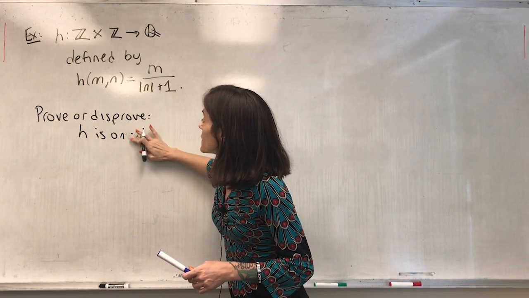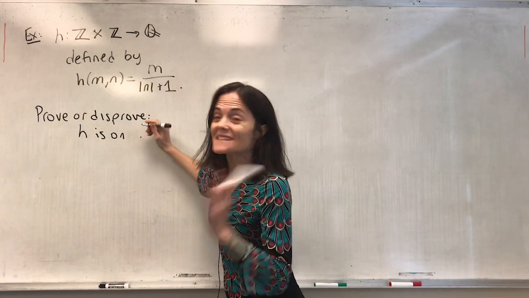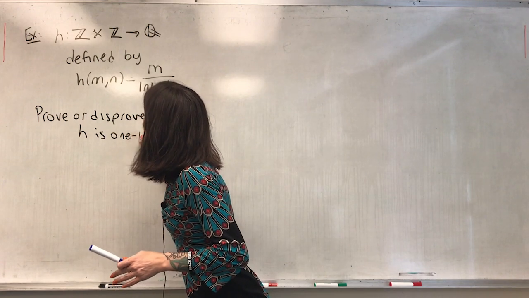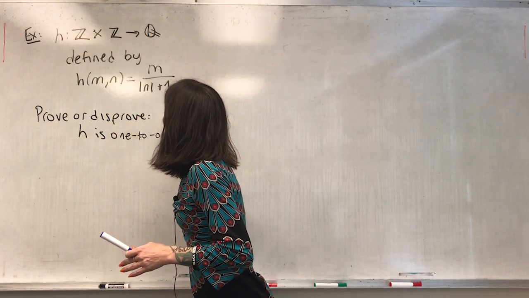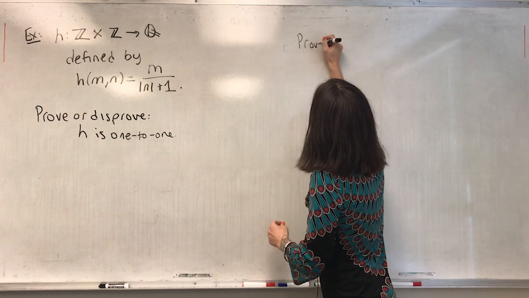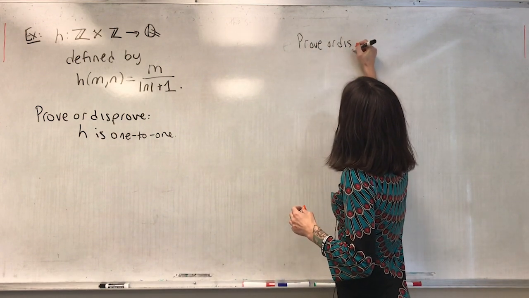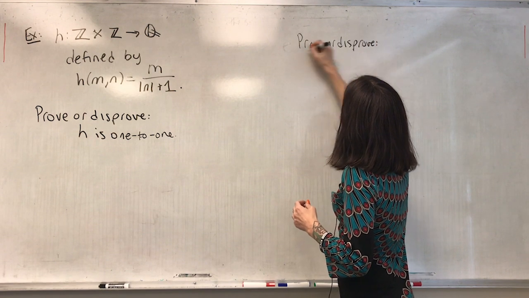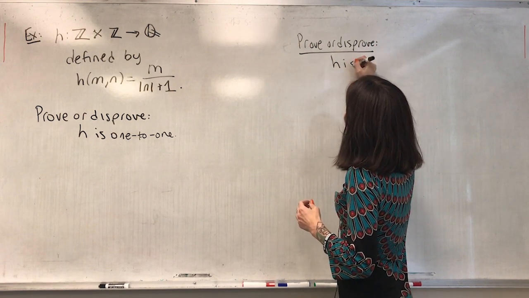Excuse me, that'll be a little easier, I think, and you might see that already. We will start with H is 1-to-1. And then over here we will prove or disprove that H is onto.